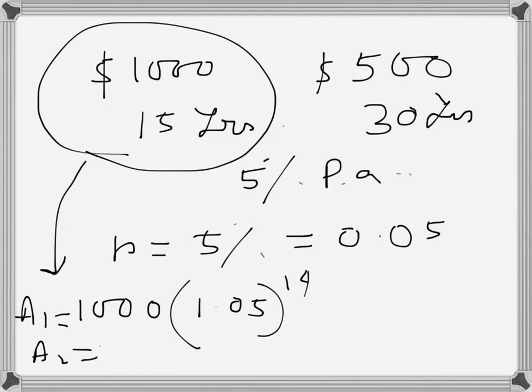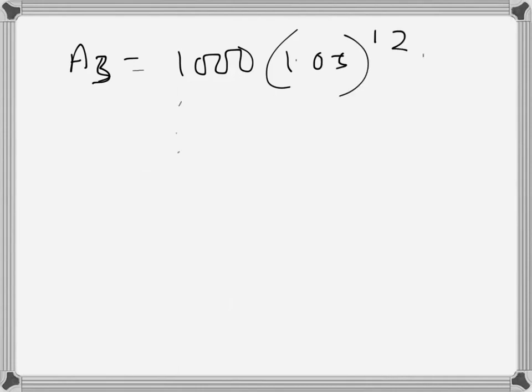A2 will be 1000 times 1.05 to the 13. Similarly, A3 will be 1000 times 1.05 to the 12, and finally A15, the last payment, won't generate any interest because it is paid at the end, so it's just 1000.